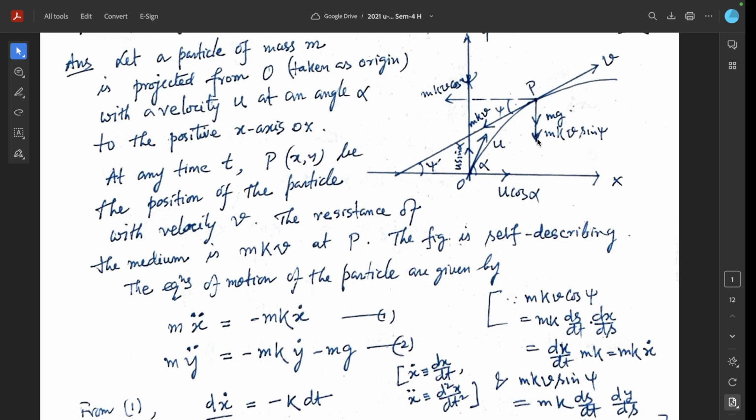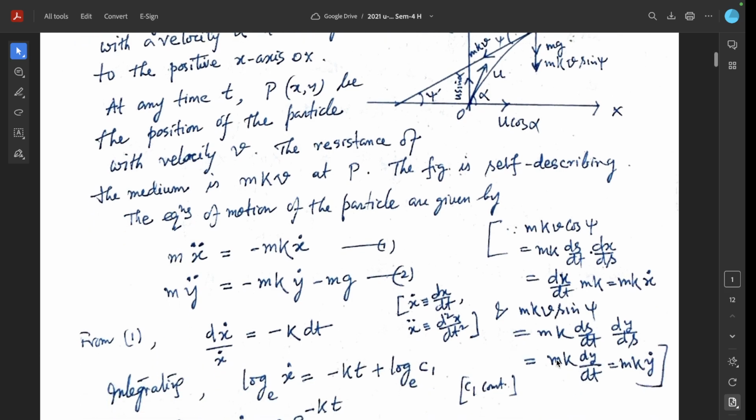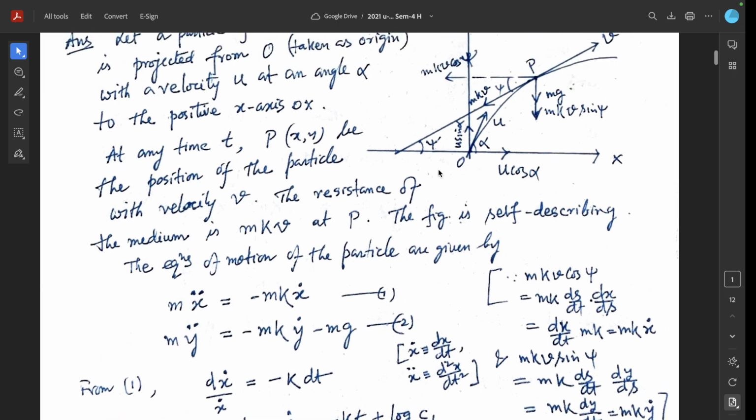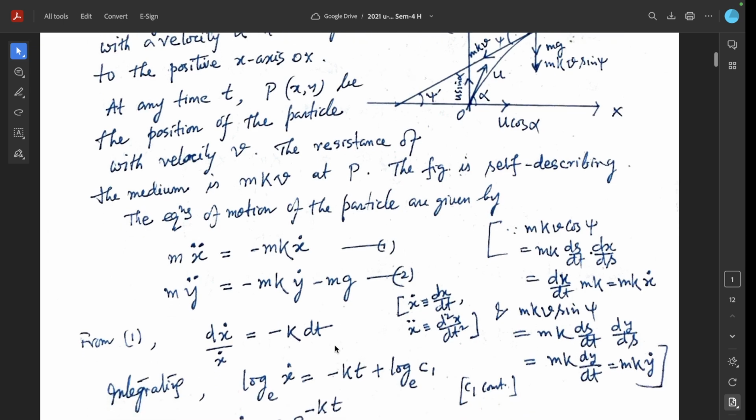Here mkv sin psi means v is ds/dt and sin psi is dy/ds, so mk dy/dt, that is mk y dot, with a negative sign. Another force is the weight, also downward, a negative direction towards O, so there is a negative sign here.